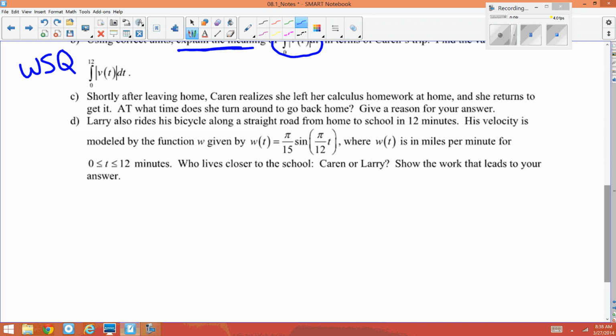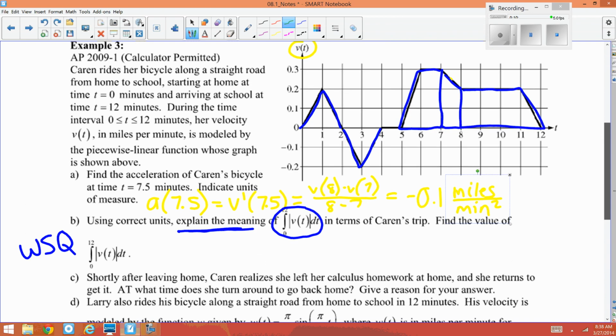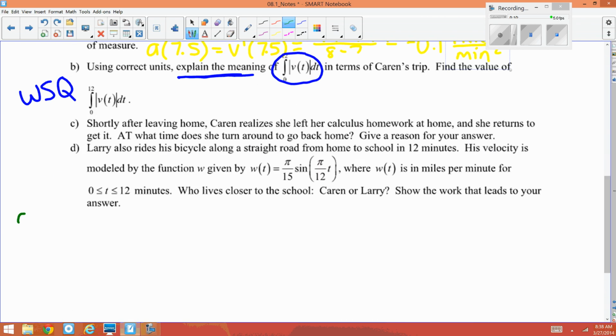So shortly after leaving home, Karen realizes that she left her calculus homework at home and she returns to get it. When did she go back home? Well, if you look on the graph, the only time she would have traveled backwards would be here. So that tells us that for part C, and you should write it out, Karen turns around at t equals 2 minutes.